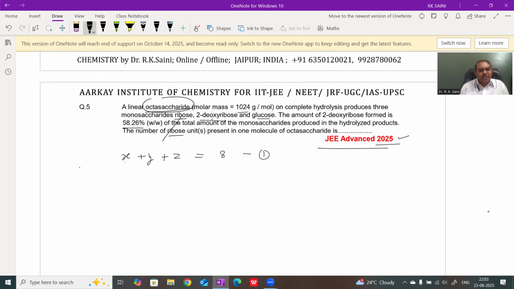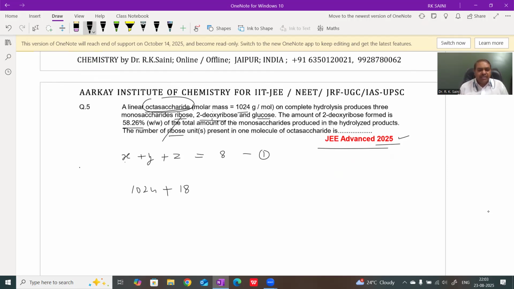All of the monosaccharides are linked by glycosidic linkages: two make a disaccharide, and when a disaccharide reacts with another monosaccharide by a glycosidic linkage, it makes a trisaccharide, etc. It means the octasaccharide consists of 8 monosaccharides, and after their hydrolysis, we require 7 molecules of water. Therefore, the total weight in the hydrolysis product is 1024 plus 7 molecules of water.